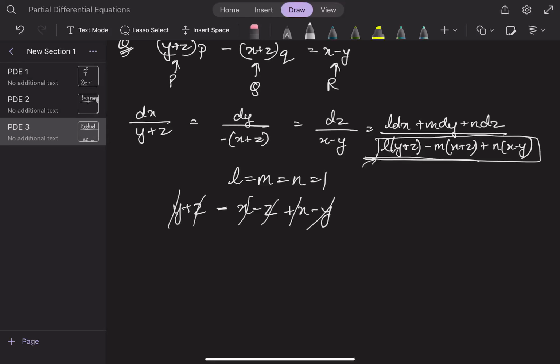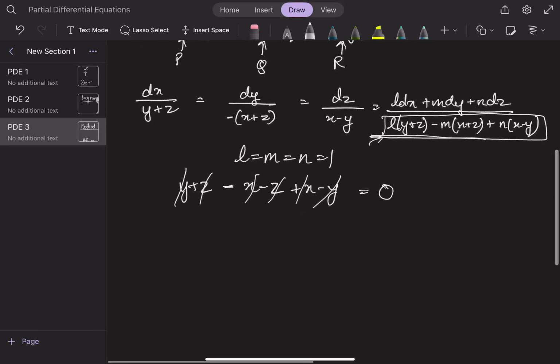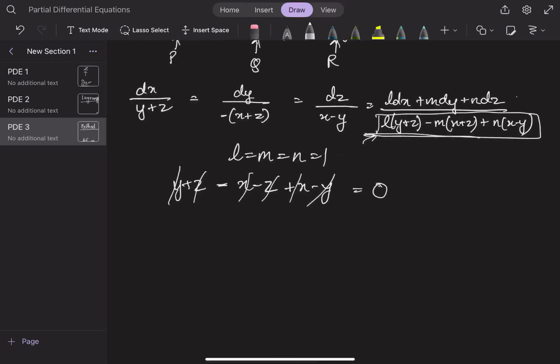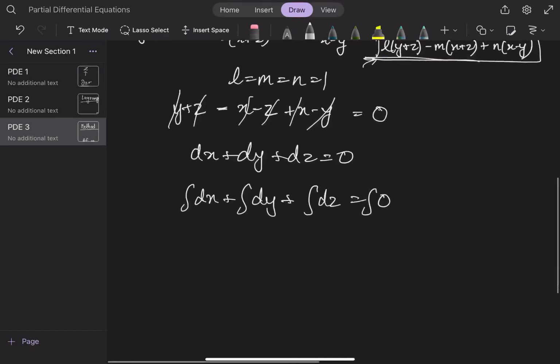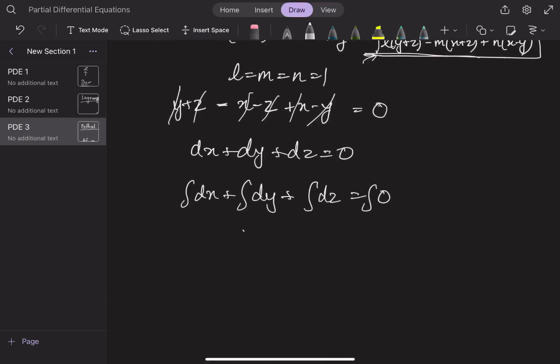So all of this gets cancelled out and this gives you 0. So let's plug these over here. So it becomes dx plus dy plus dz is equal to 0. So let's integrate this. Integral dx plus integral dy plus integral dz is equal to integral 0. So you can write x plus y plus z is equal to c1. This is your first solution.